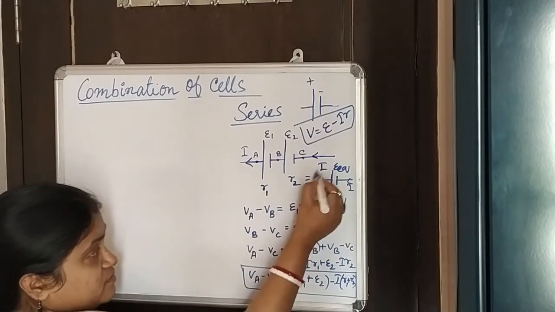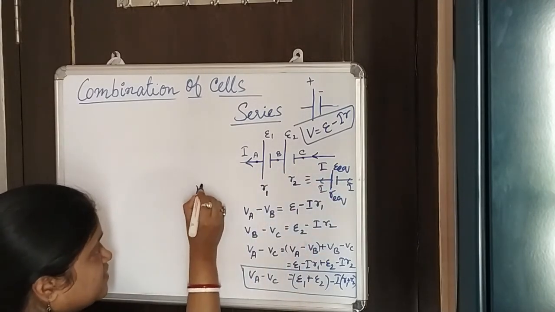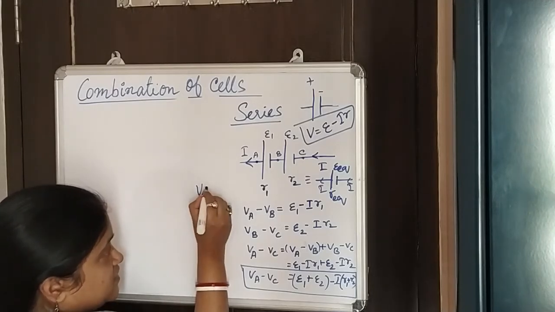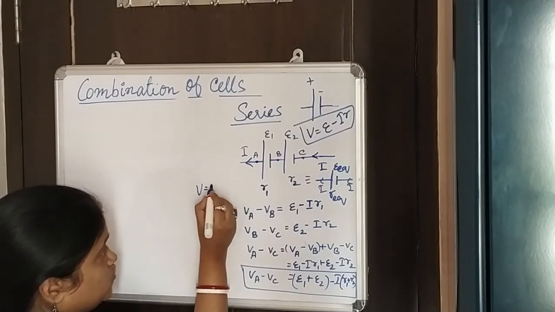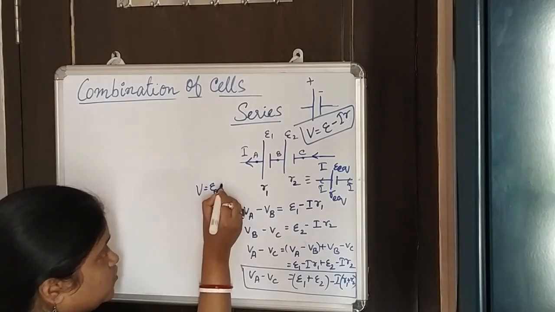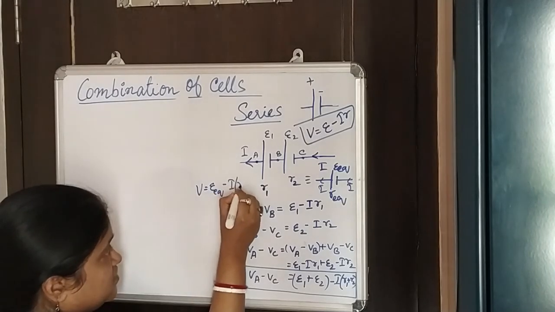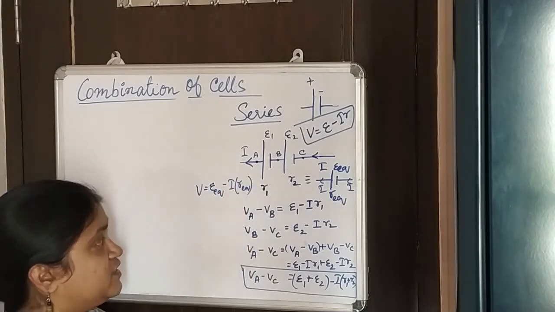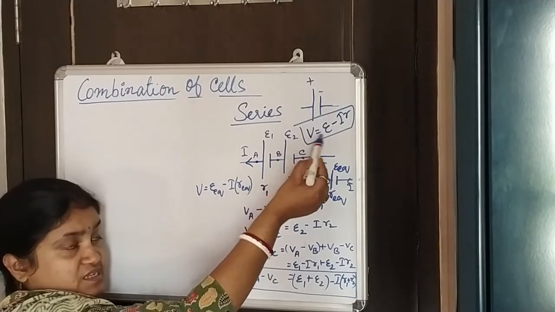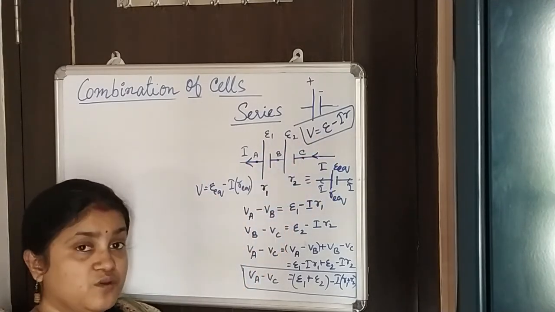Then from this equivalent circuit we can write the potential drop as V equals E_eq minus I R_eq. This comes from the same formula.